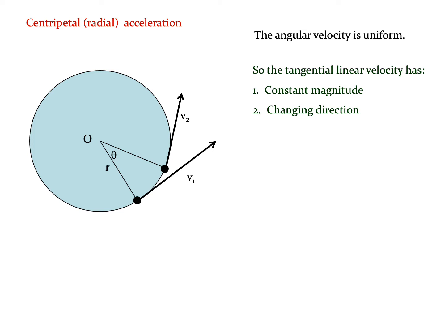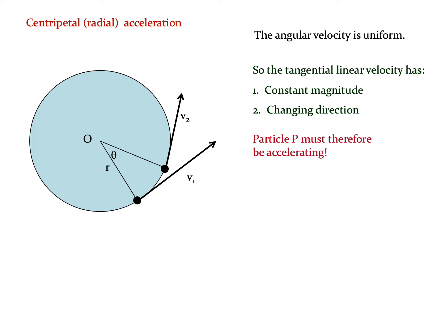Now, if a particle has a changing direction, that must mean its velocity is changing. Not changing in magnitude, of course, but changing in direction. But if a velocity's direction is changing, then the velocity is changing. But if a velocity is changing, then the particle must be accelerating.